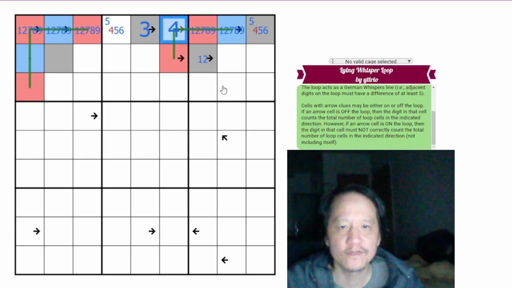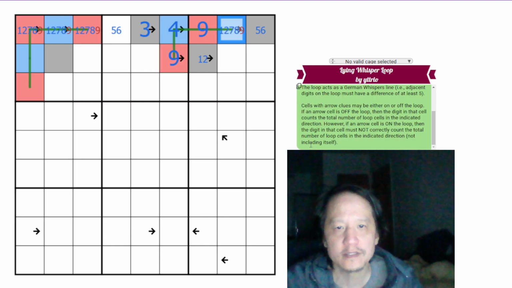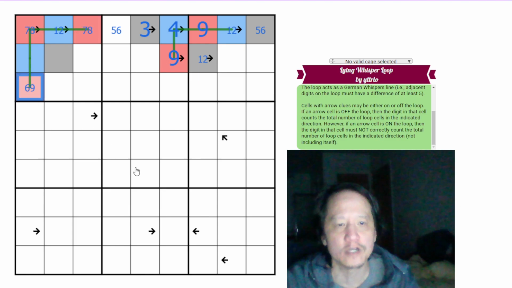So this is a 4, and we have a 5 or 6 and a 5 or 6. So this has to be a 9, and this has to be a 9. This has to be 1 or 2. This cannot be 9 here, so this is 1 or 2. No 1 or 2, 7 or 8. This is 6 or 9.